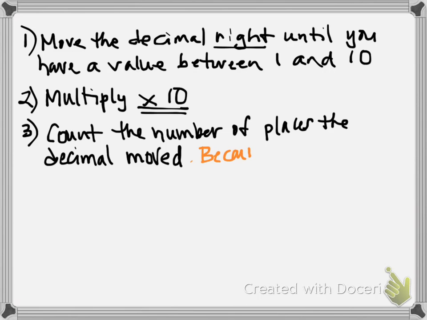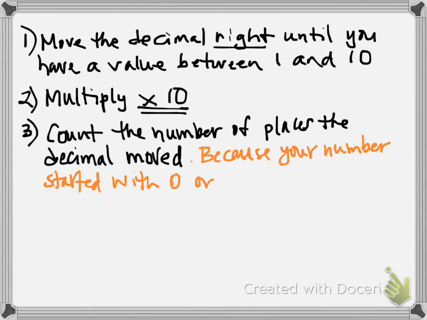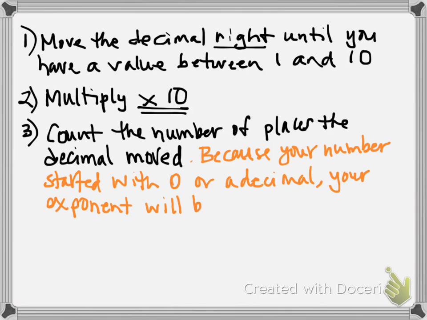Because your number started with 0 or a decimal, your exponent will be negative.